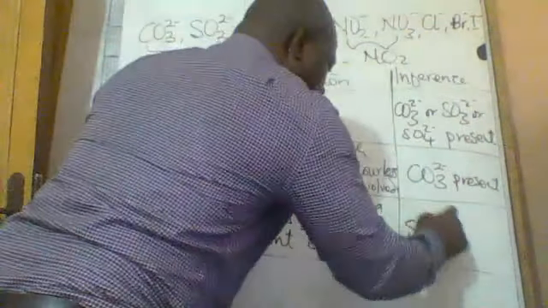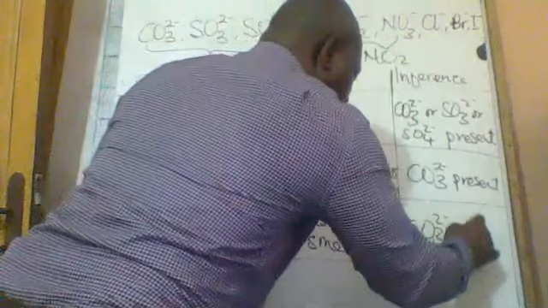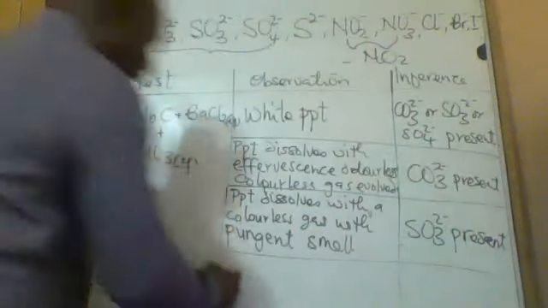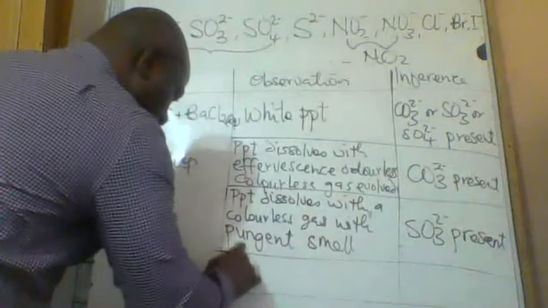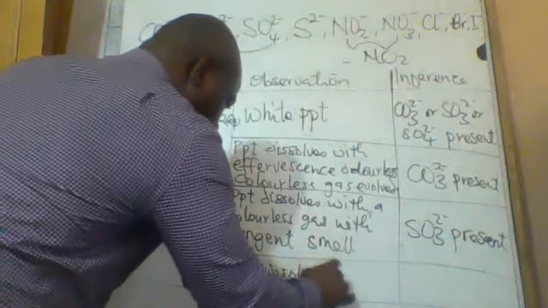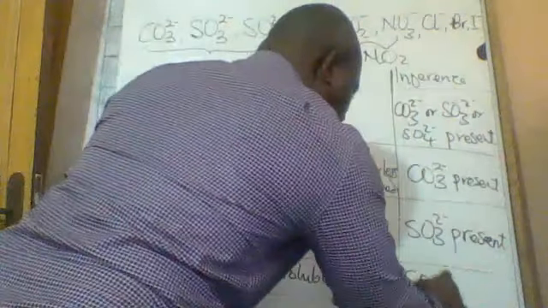Then in this case, SO3 2 minus is present. Now, if the PPT is insoluble, then it is the sulfate which is present.